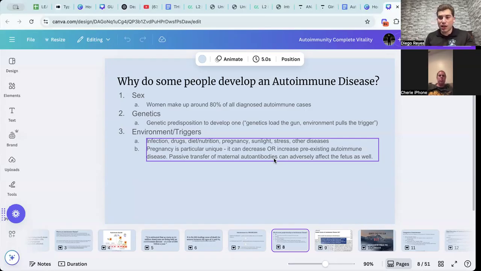That's important to understand because so many people are dealing with the issues they have today because of the environment they put themselves in, what they lived in, what they put their body through. Infection, drugs, diet, nutrition, pregnancy, even at times sunlight, stress, other diseases. So it can cause these problems.